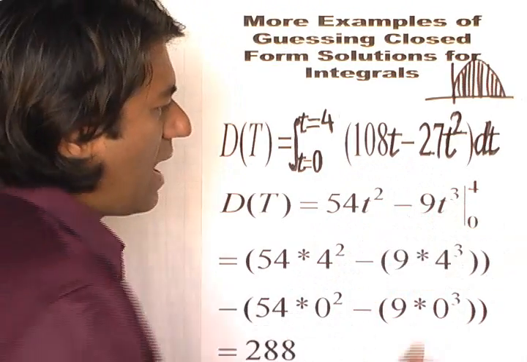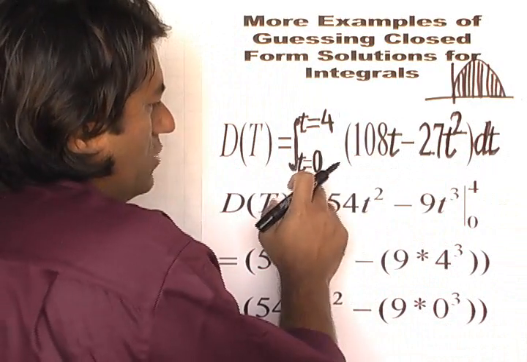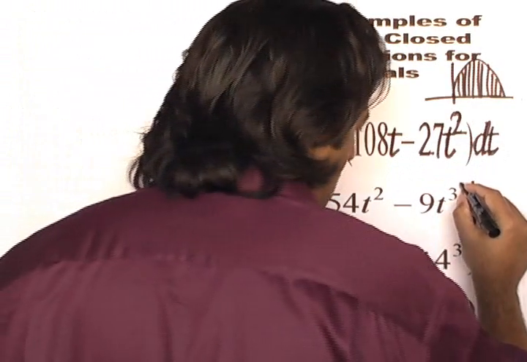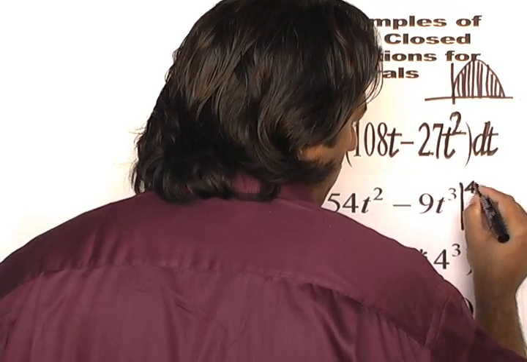Now I actually want to evaluate this integral between the two limits, t equal to 0 and t equal to 4. The way that is written is you draw a horizontal bar here and say from 0 to 4.